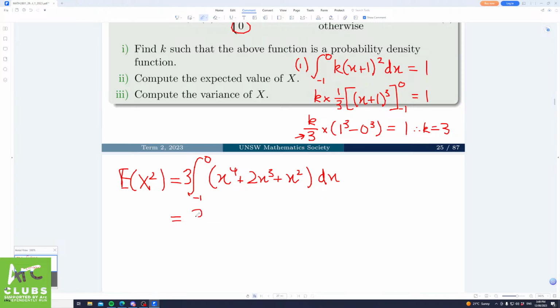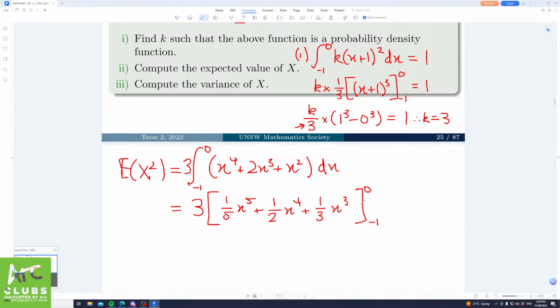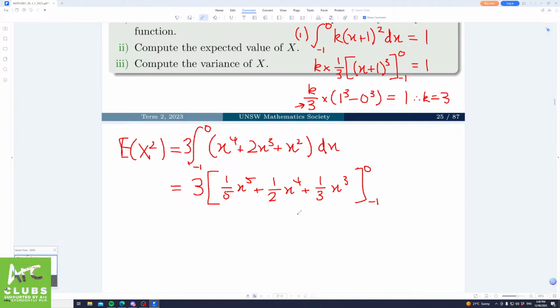And we're going to evaluate that. It's going to be 3 times 1/5 x to the 5 plus 1/2 x to the 4 plus 1/3 x cubed, evaluated between -1 and 0. Again, when we sub in 0, this expression is going to be equal to 0.